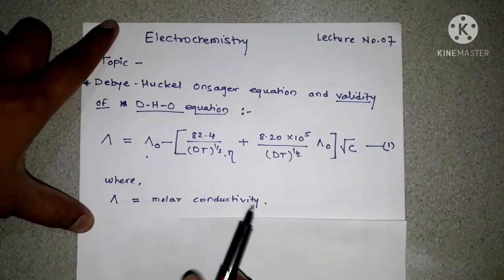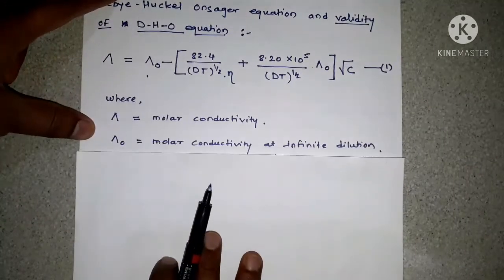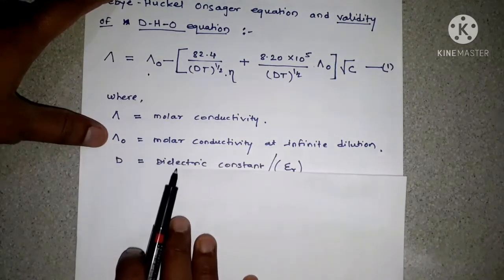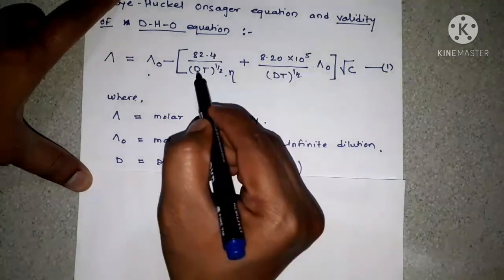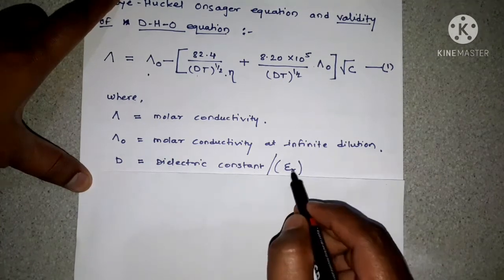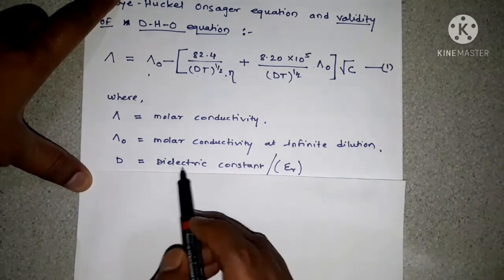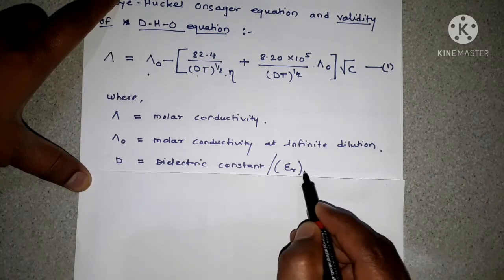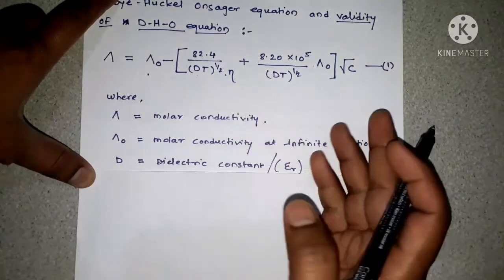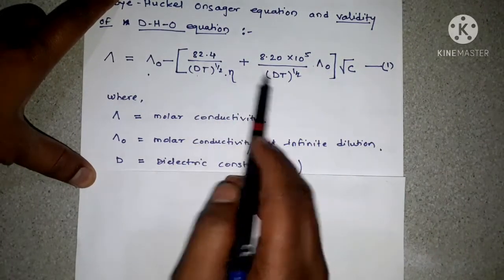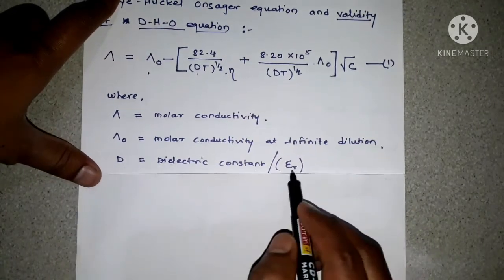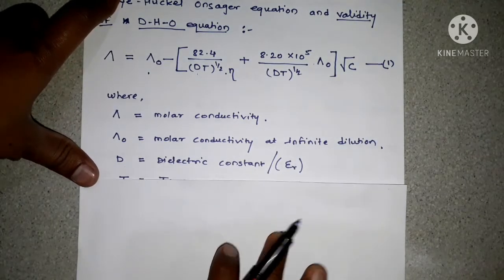Cap is molar conductivity, then cap 0 is molar conductivity at infinite dilution, then the next term is capital D. This capital D is the dielectric constant, or in place of D you can write epsilon r, which is also the dielectric constant. In equation number 1 you can replace capital D by epsilon r also, any one of them.